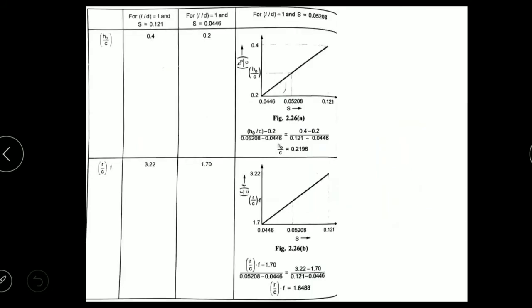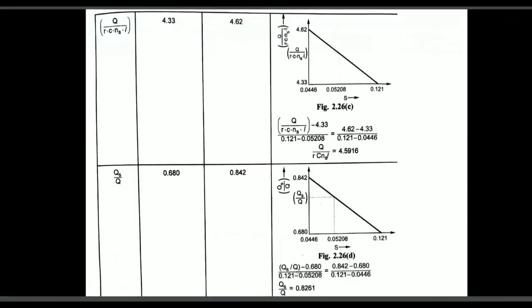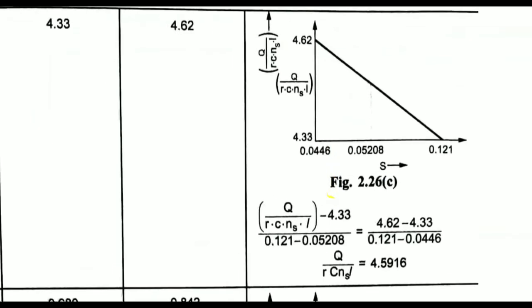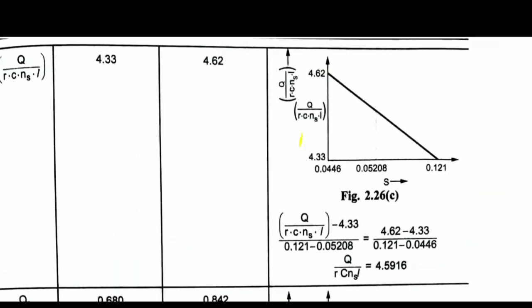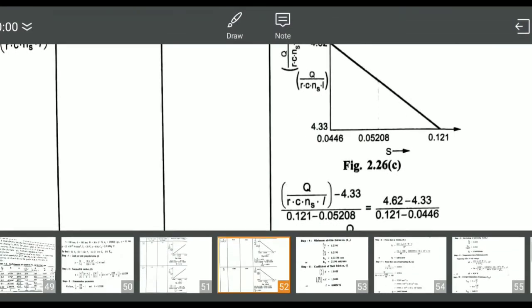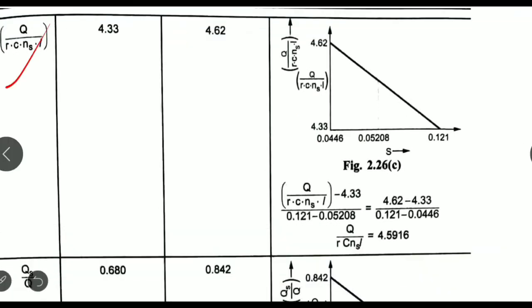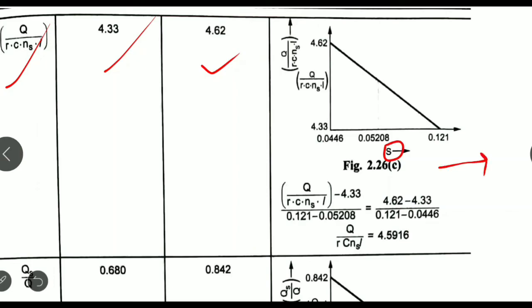I'll draw, now see, this will be the value. Clear? I'll explain here. Parameter: 4.33, 4.62 on the y-axis, the data which we need to calculate, and on the x-axis minimum limit, maximum limit as in the previous one.